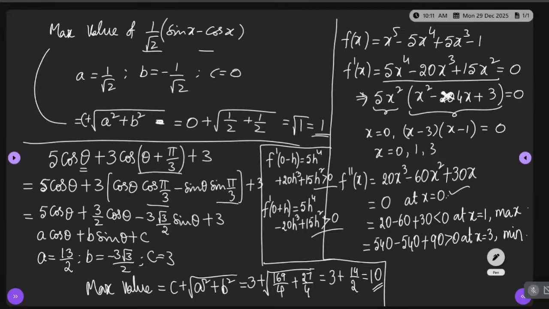H is a very small positive value, say h equals 0.1. Then you have to observe the change of sign of f dash of 0 minus h and f dash of 0 plus h.